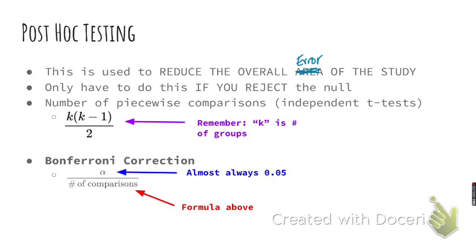So it's 0.05 divided by the number of comparisons is your Bonferroni correction. So if they specifically ask for the number of comparisons, do the formula with the purple arrow. And if they specifically ask for the Bonferroni correction, then use the blue and red arrow pointing equation.